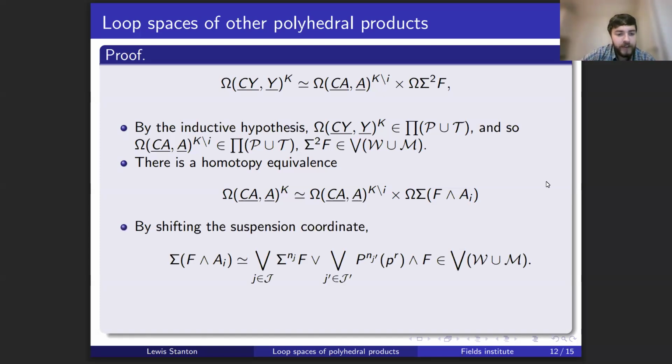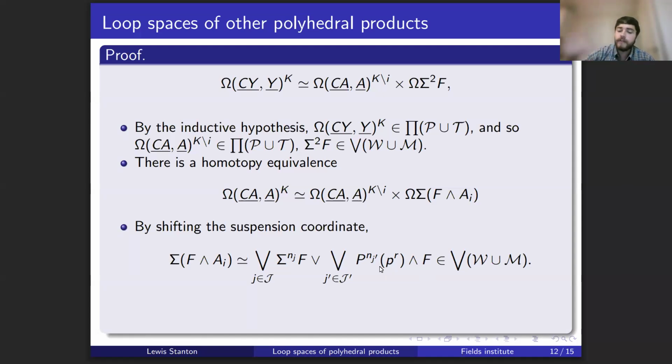But now if we shift the suspension coordinate over to the A_i, well, by assumption, this was just a wedge of spheres and Moore spaces. So now you can distribute these all over the smash, and this decomposes as a wedge of iterated suspensions of F and smashes of Moore spaces with F. But we already showed that the suspension squared of F is a wedge of spheres and Moore spaces, and for dimensional reasons, all of these iterated suspensions will be, because these m_j will be greater than or equal to 2.